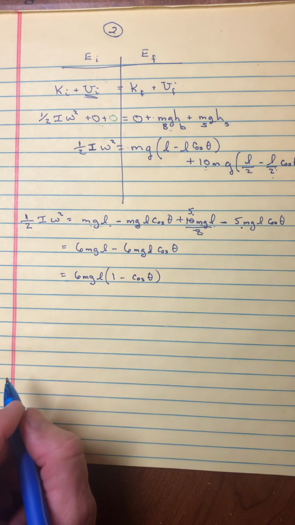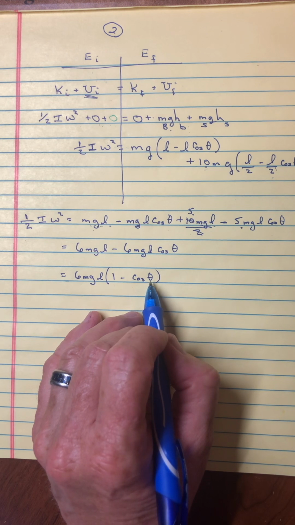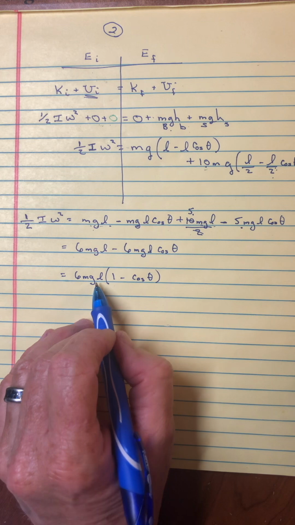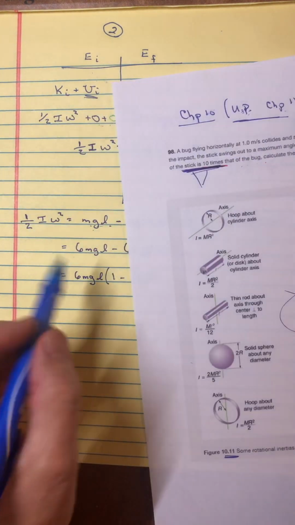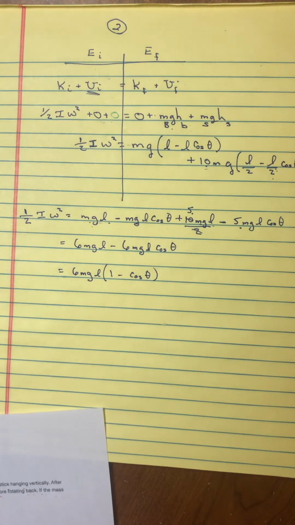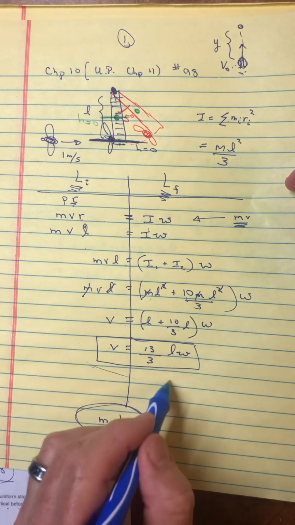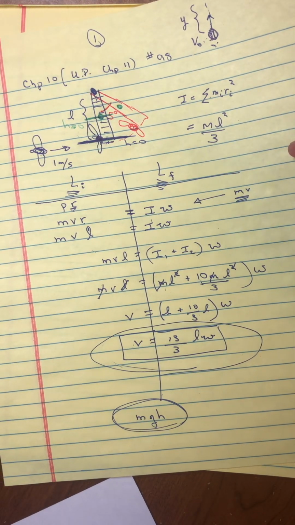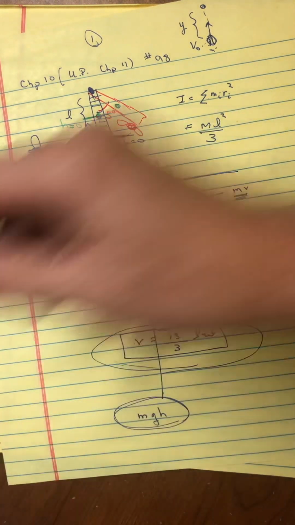Okay. And of course, we know this angle is 5 degrees. I don't think we know the length of the rod or the mass. Of course, we do know g. So this is looking kind of hard here. But there's some other things on this other side that are going to cancel. And then, of course, don't forget what we did a while ago with the angular momentum here. Oh yeah, that was the question, L. Calculate the length of the stick.